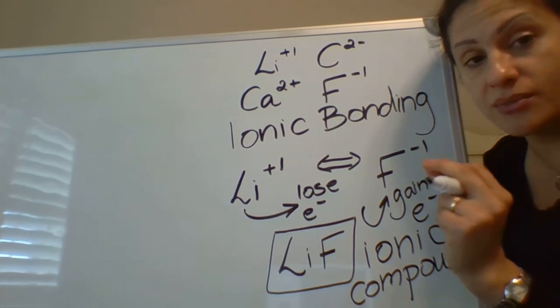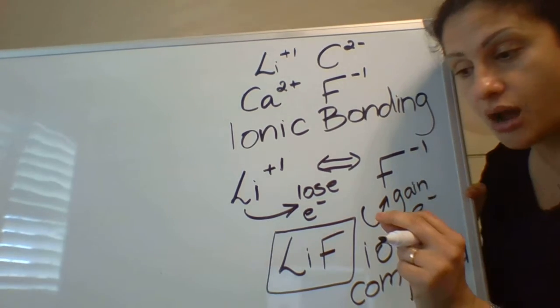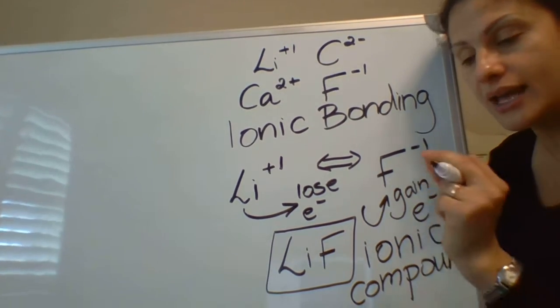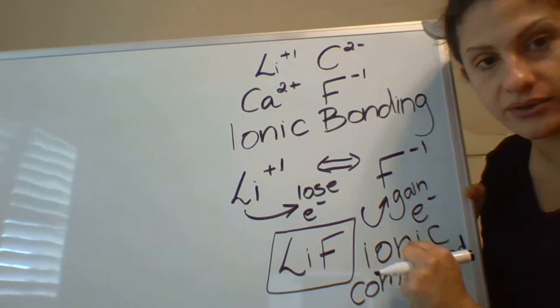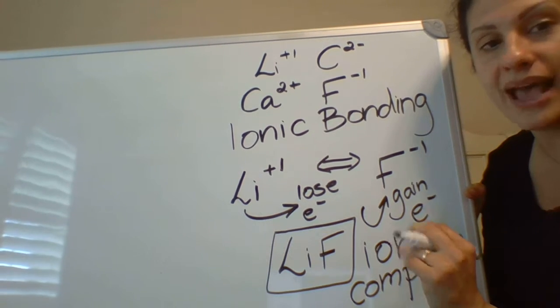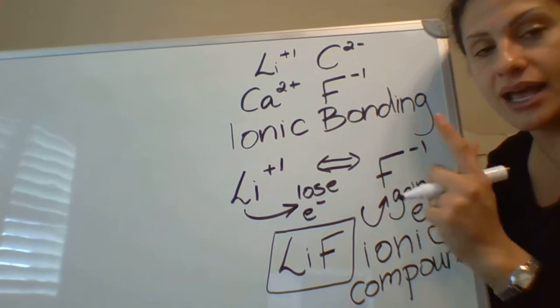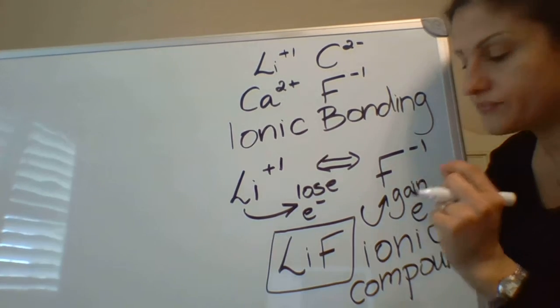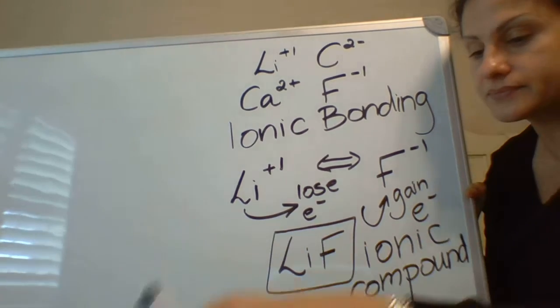So when you look at the elements in a compound, if it is a metal and a non-metal, then great, it is an ionic compound. We will talk about the situation where we may have 2 non-metals, but for now, a metal and a non-metal together form an ionic compound.